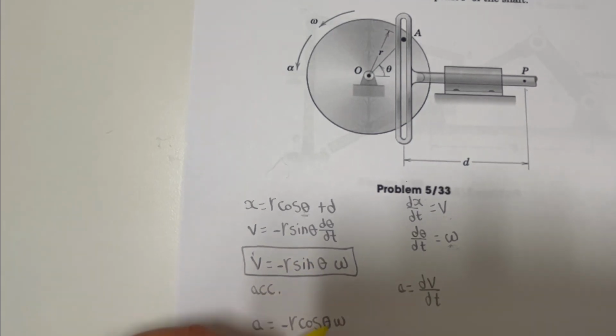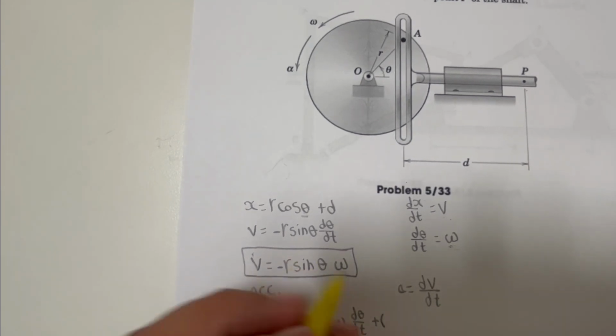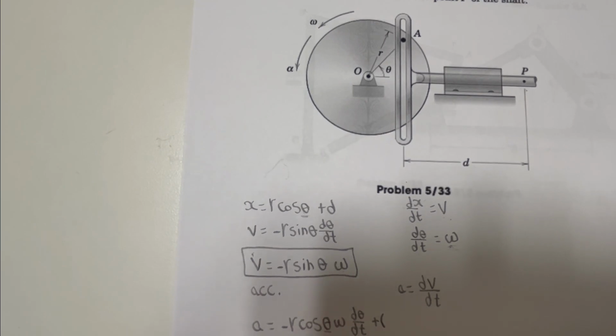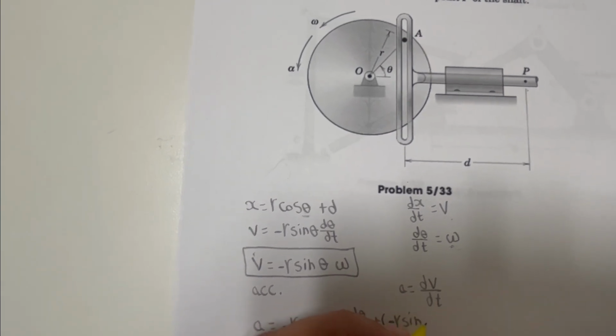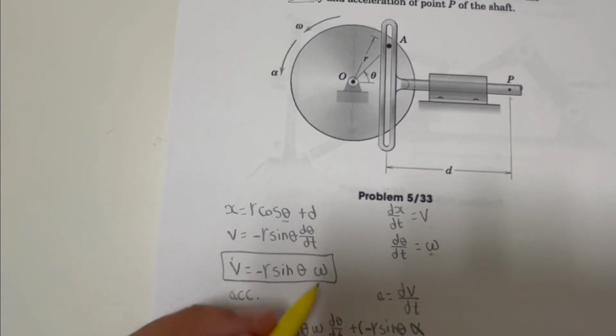Again, you still need to differentiate in terms of theta, so it will be d theta/dt, plus, because it's like the product rule differentiation, now you differentiate in terms of omega. So negative r sine theta alpha. What is alpha?